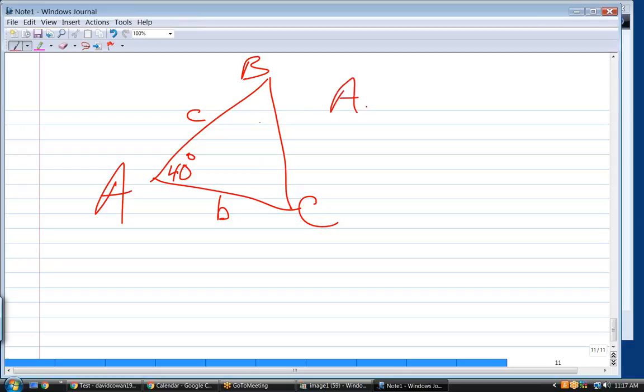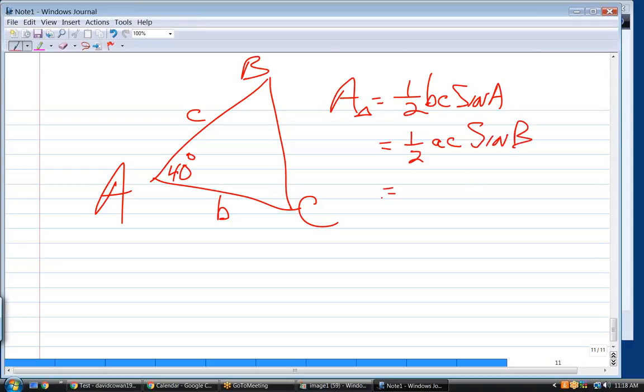The area of a triangle is 1/2 side B times C times the sine of the third angle, A. It's also 1/2 times A times C times the sine of B. Notice all three letters are on the right side. Two of them are side lengths, one of them is an angle. And this last one would be AB sine of C.